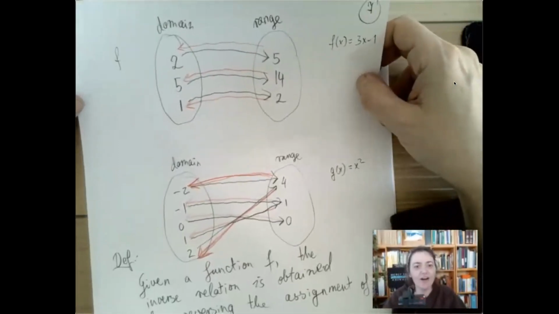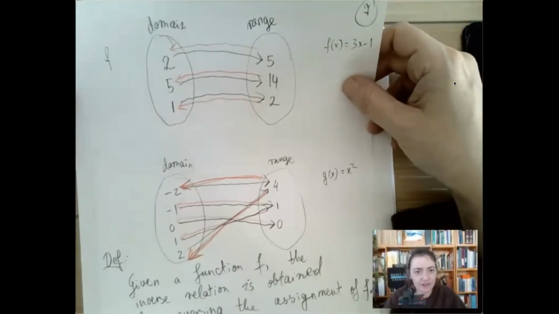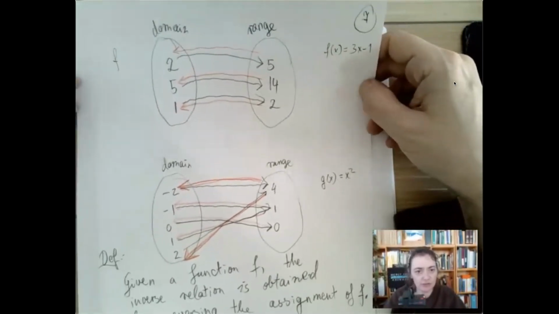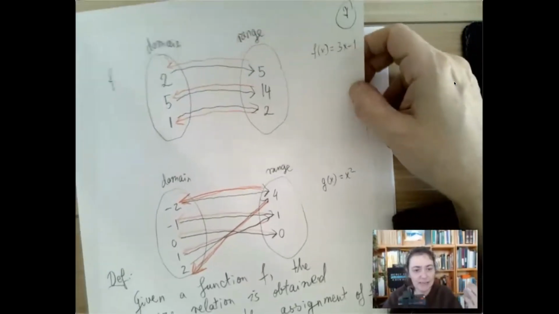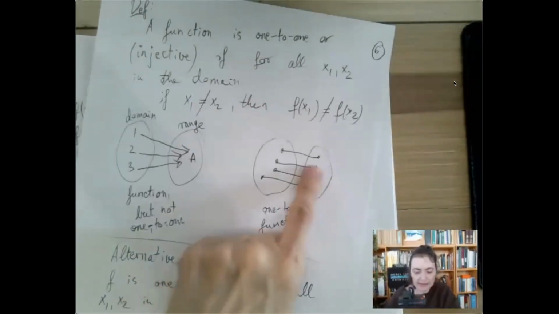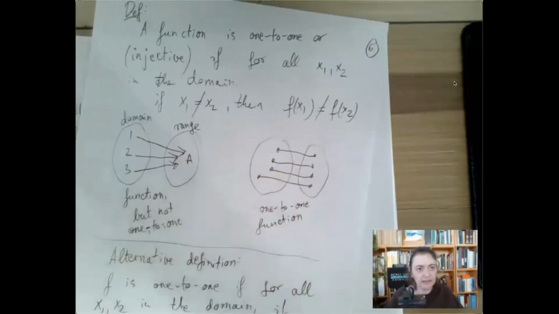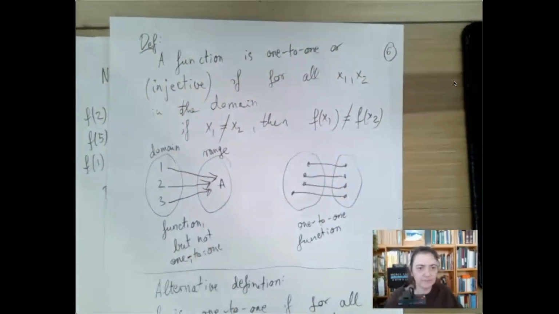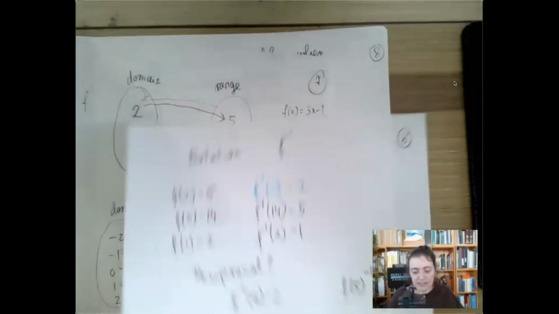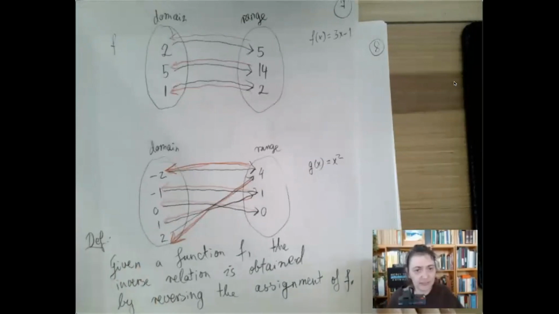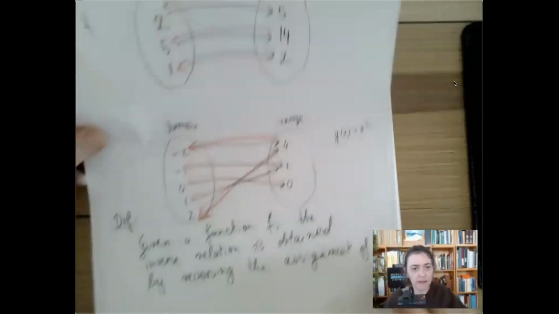Exactly. For one-to-one functions, the inverse relation is automatically a function because they're basically paired up. So it's easy to travel back and forth between these, right? But the minute you have this branching backwards, there is trouble. So one-to-one functions are also called invertible because their inverse relation is automatically a function.